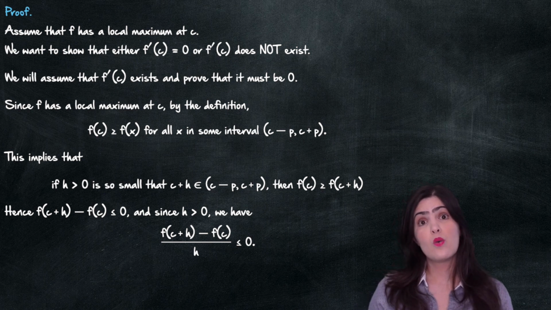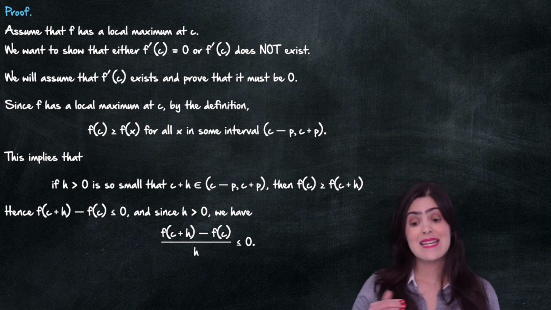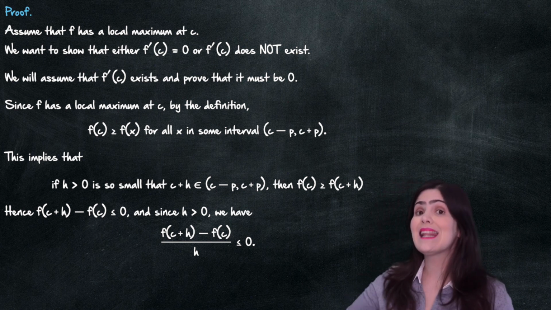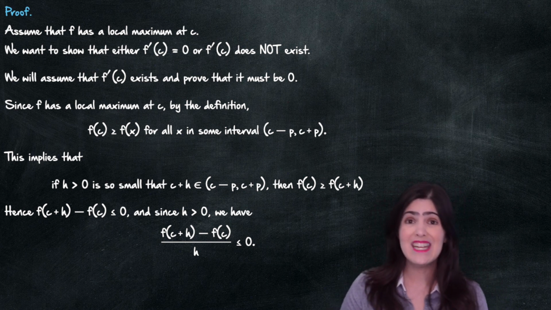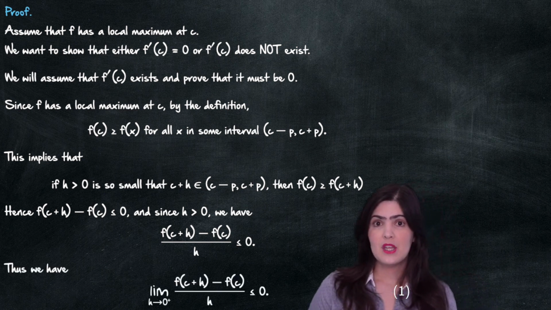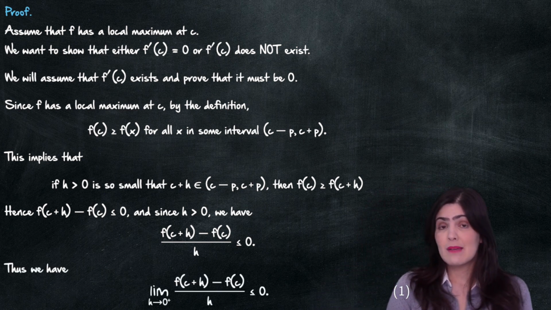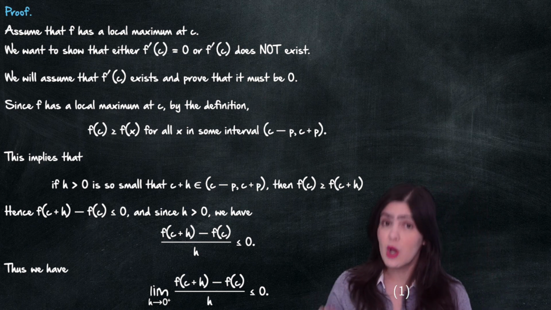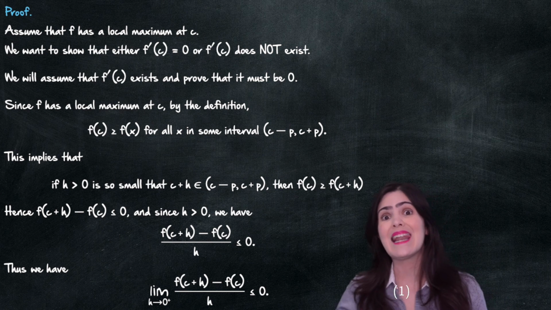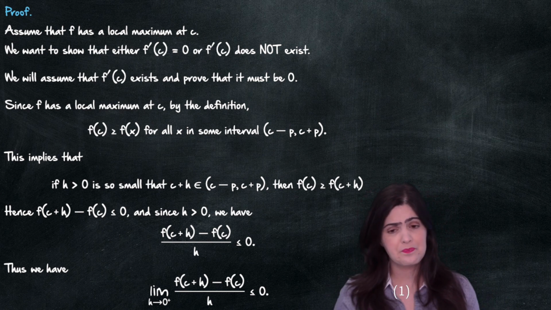So the quotient (f of c plus h minus f of c) over h is less than or equal to 0 when h is positive. Okay? So we can take the limit as h approaches 0 from the right, through positive values, of this quotient, and we know that then it has to be less than or equal to 0.